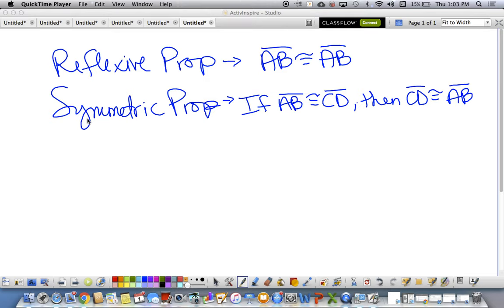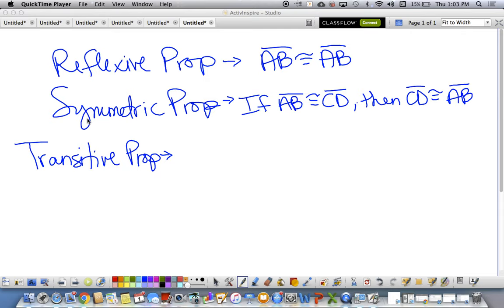Here's one more. The transitive property. I remember the transitive property because it seems like it's the longest. It's as long as a train. Okay, so it's going to be the longest of all 3. They get a little bit more complicated. They add a step each time.